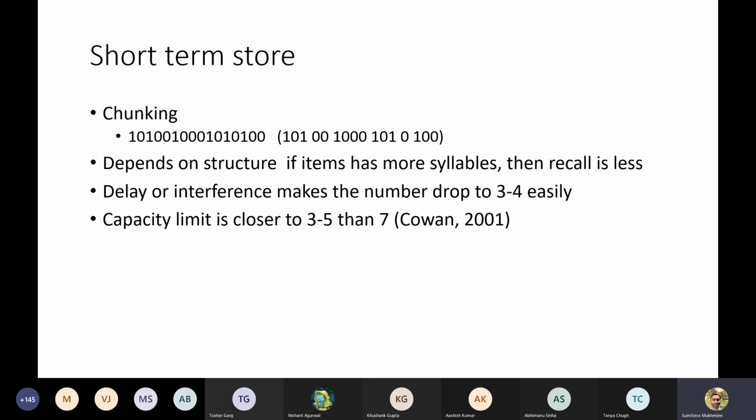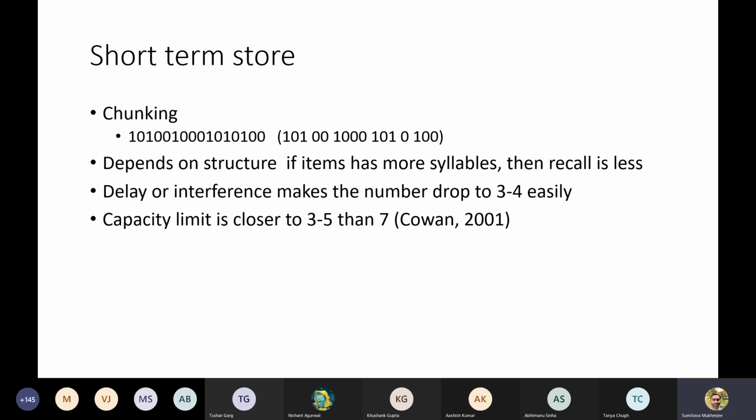And once you bring in this idea of more complex stimuli, especially stimuli which has items or different chunks in it, then Cowan, who did a lot of work on working memory, more contemporary work, showed that the number is not really 7, the number is 4. So typically, it's about 3 to 5, which is some of the hunches that you had, and you had the correct hunch.